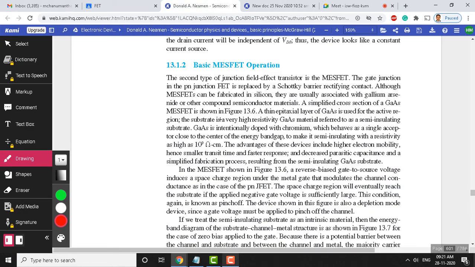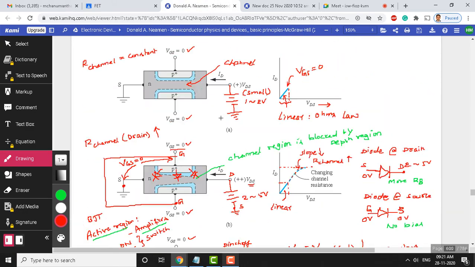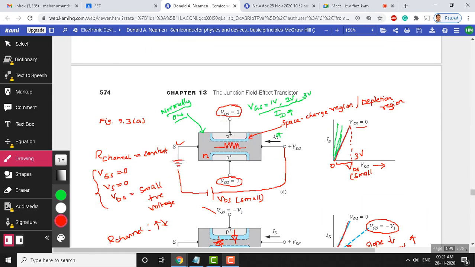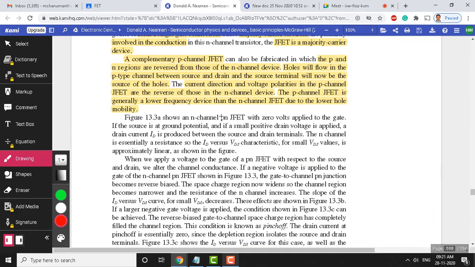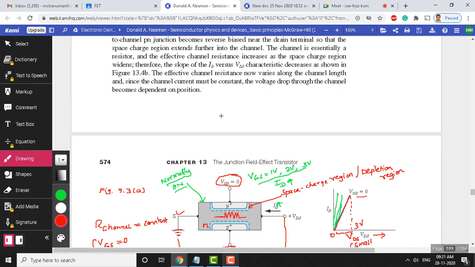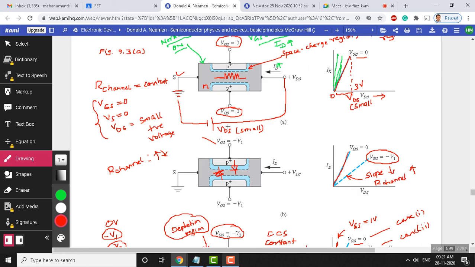Just go through this for the examination point of view. This is very important. They may ask you to explain basic JFET operation with two different scenarios: one keeping VGS constant and VDS varied, the other keeping VDS constant and VGS varying.